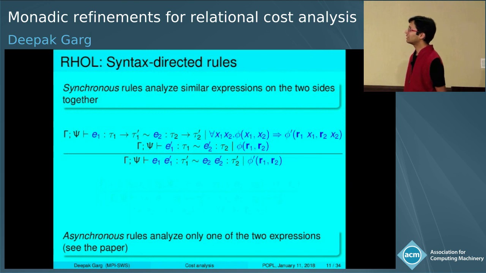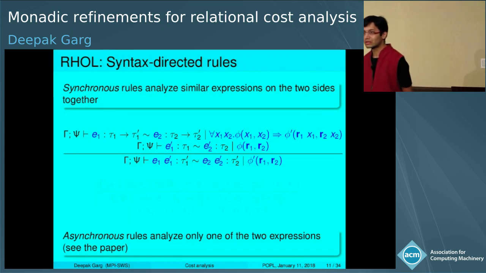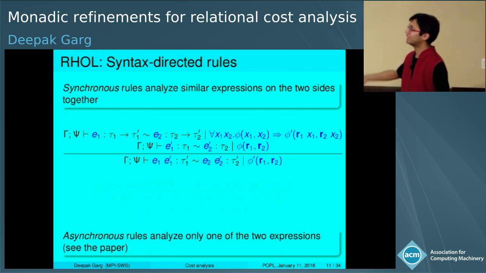And you have to relate them at some post condition which says that there is some phi such that if the arguments to the two sides are actually related by phi, then the results are related by phi prime. And then you have to show that the actual arguments you're passing in E1 prime and E2 prime are related at phi. Okay? So this rule is actually quite intuitive, and this really is the whole idea behind RHOL.